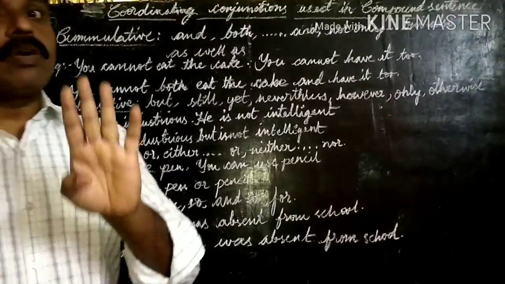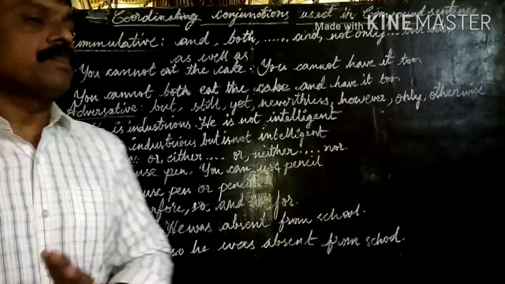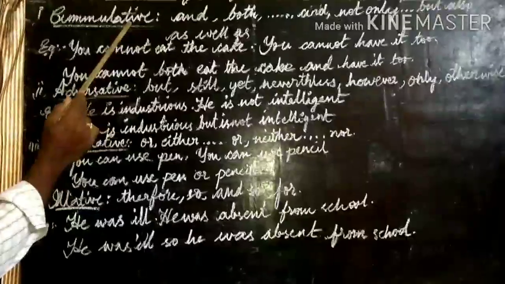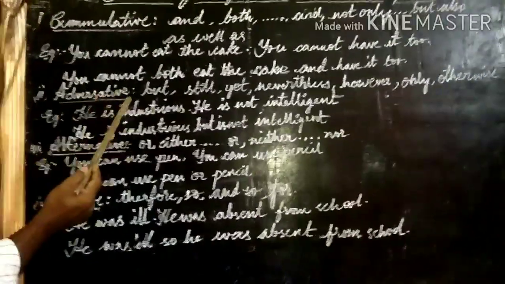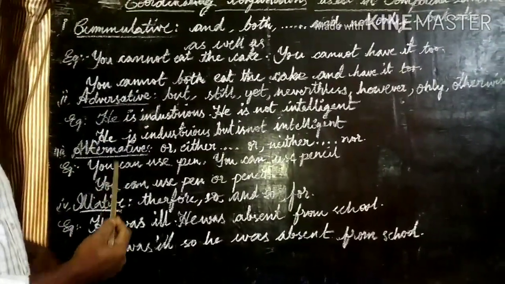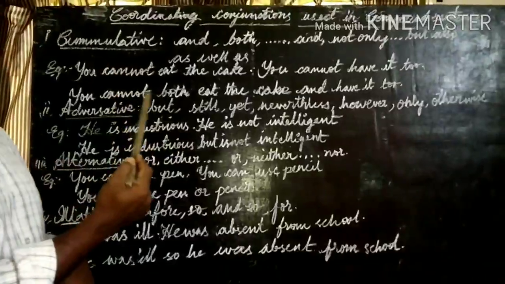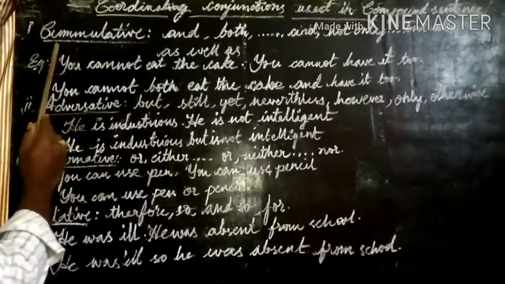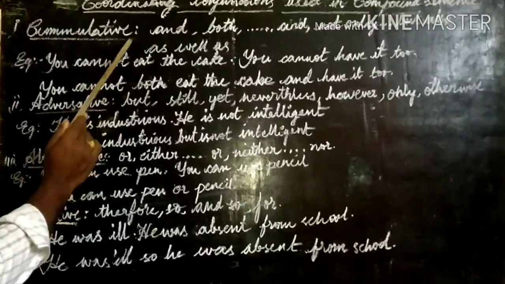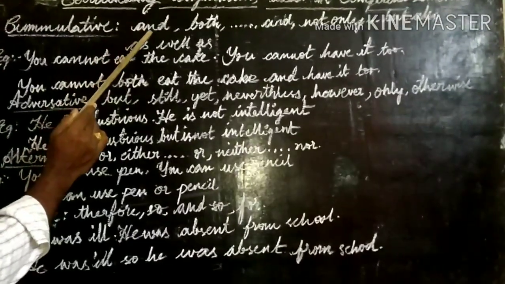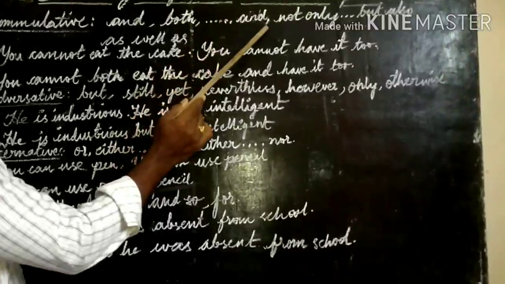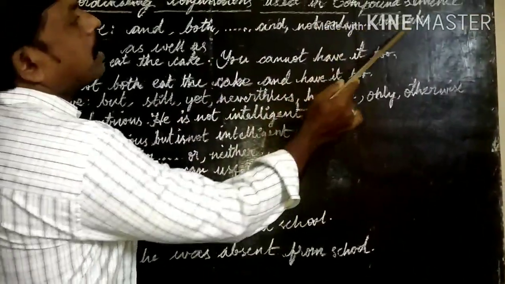Coordinating conjunctions are divided into four kinds. First, cumulative; adversative, alternative, relative. Let us study each one in detail. First, cumulative conjunctions. The cumulative conjunctions cover here: and, both and, not only but also.